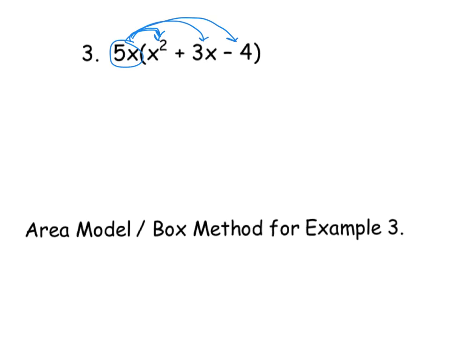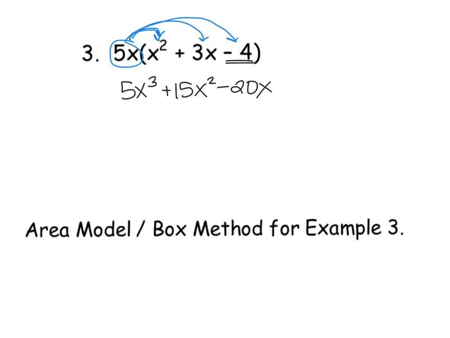That will give me 5x cubed. Then I'm going to multiply the 5x times 3x to give me 15x squared. And then finally, 5x times negative 4, you can think of that as plus negative 4 or minus 4, is going to give me minus 20x.